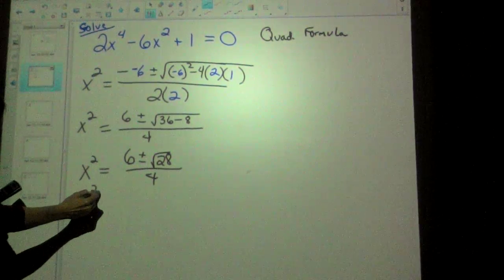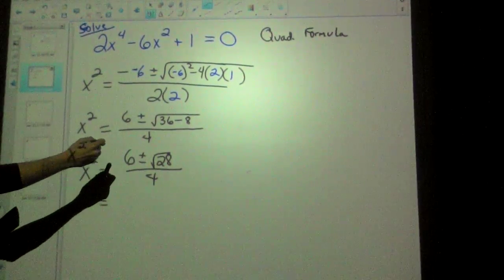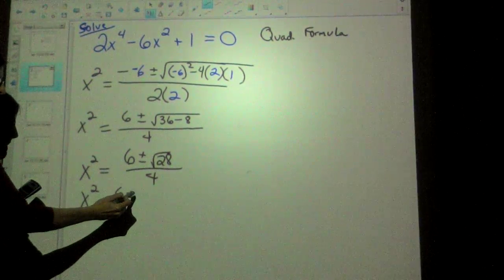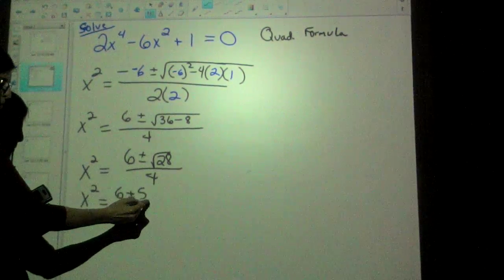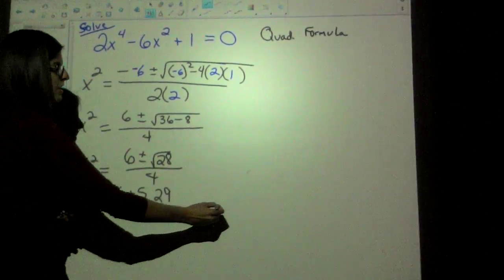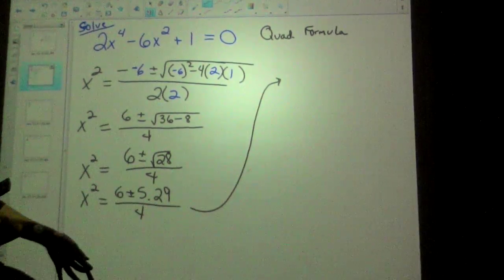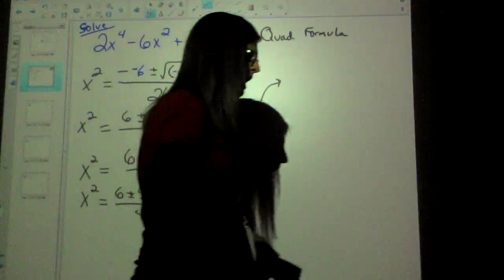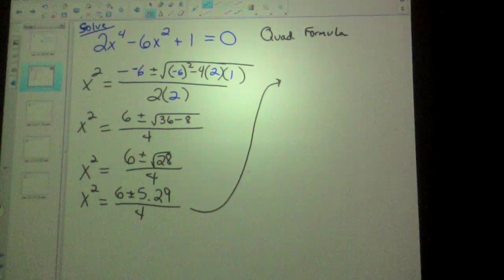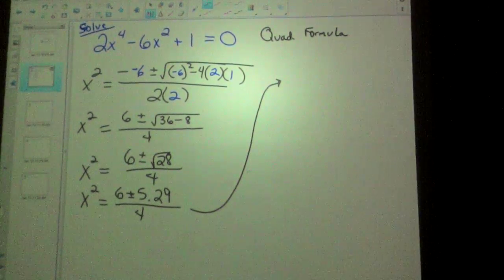I'm going to get a decimal for the square root of 28, add and subtract 6 and divide by 4. So this is actually 6 plus and minus the square root of 28, which is 5.29, and then all over 4. If you take 6 plus 5.29, you get 11.29. And I, of course, am keeping the exact answer in my calculator. I'm not rounding.